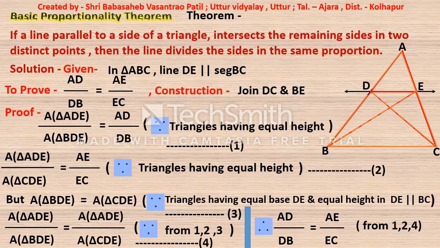From equations 1, 2 and 3, the LHS of equations 1 and 2 are equal because the numerators are equal and the denominators we showed equal in equation 3. That means the LHS of equations 1 and 2 are equal.